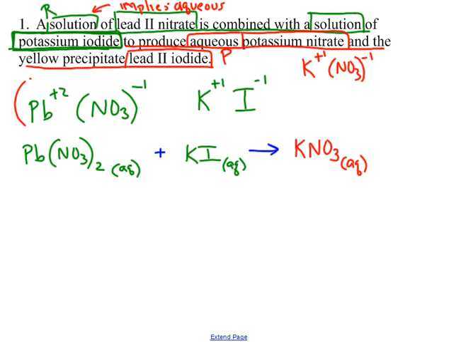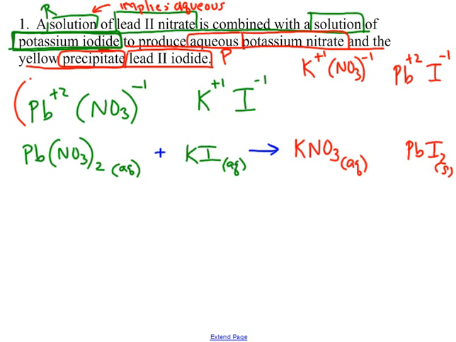Our other product is lead 2 iodide. Lead 2 is Pb +2. Iodide is the I with a -1, so crisscrossing, we get PbI2. Now, it says that it is a precipitate, so that means it is going to be a solid, so I'm going to put an S right there.